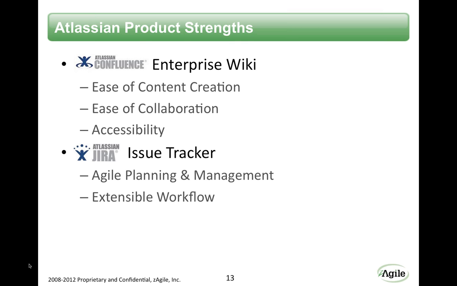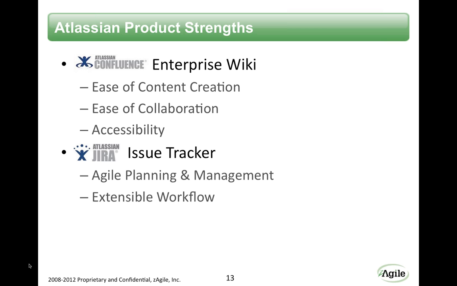But if you look at both Confluence and JIRA in terms of their strengths, Confluence itself, first of all, has enterprise-wide deployment. It allows you to create content very easily, and of course share. It's a great collaborative tool, and it's accessible to everyone.